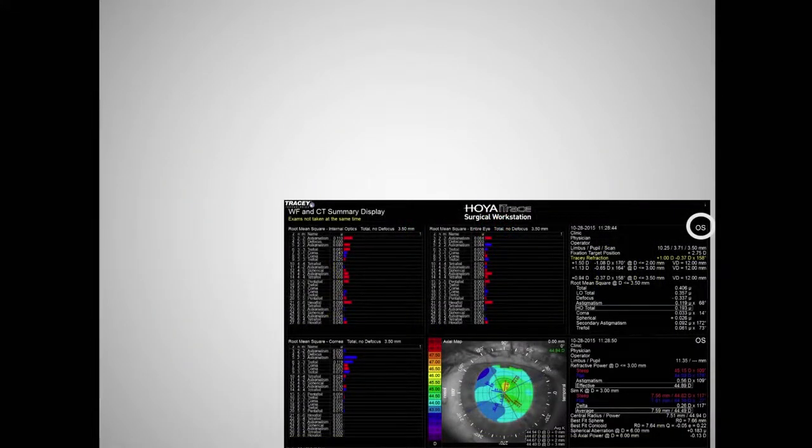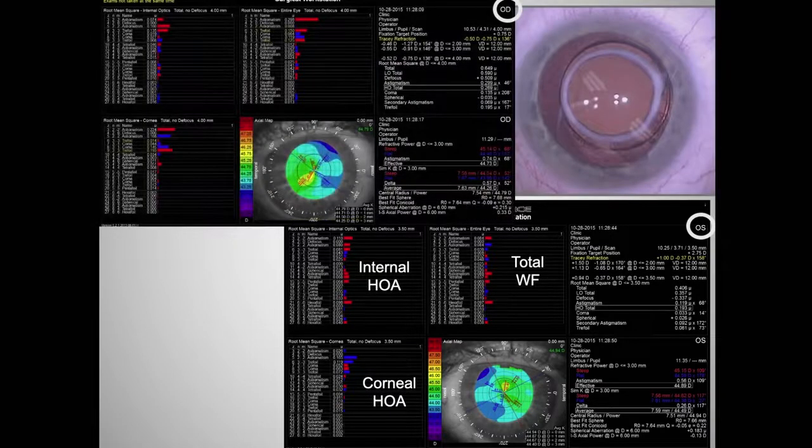And so this is the left eye. This is the phakic eye. And just to show again, this is the total wavefront, but then this separates what's coming internally. And this patient has an early cataract and then the cornea. And then this is the affected eye with the IOL. Anybody on the panel want to talk about what they see here?